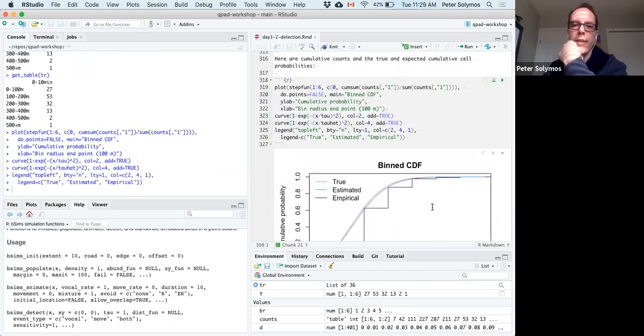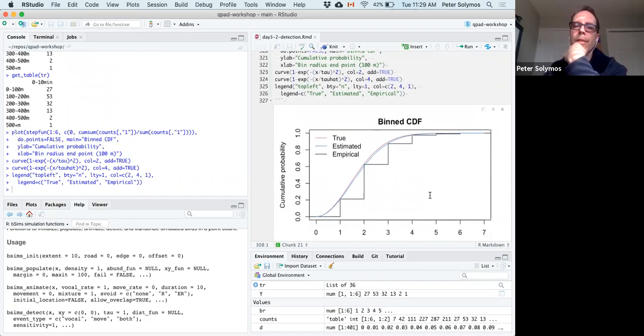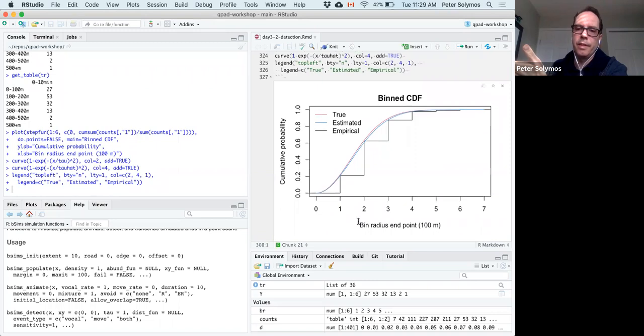Before we do that, let's just link it back to the cumulative density function. This is very similar to what we did for removal sampling. There, the shape of this was slightly different, and instead of radii, we had time intervals, but it was a very similar concept. There's a probability which goes from 0 to 1, and as a function of time or space, we can describe how that is going to increase if we bin the data.